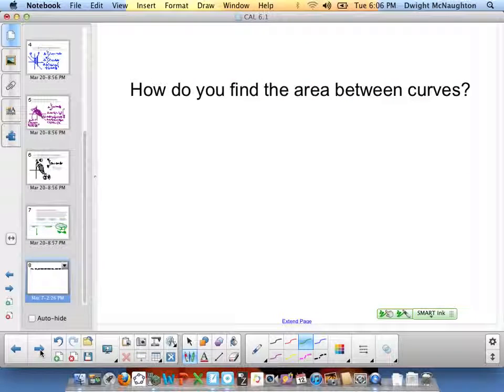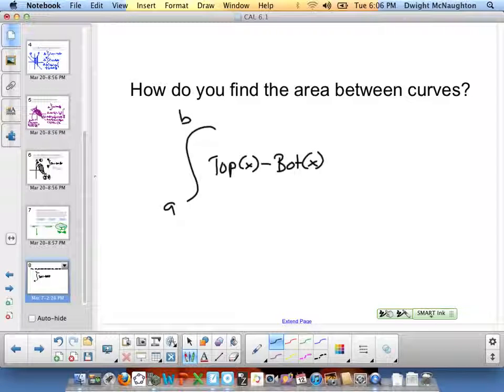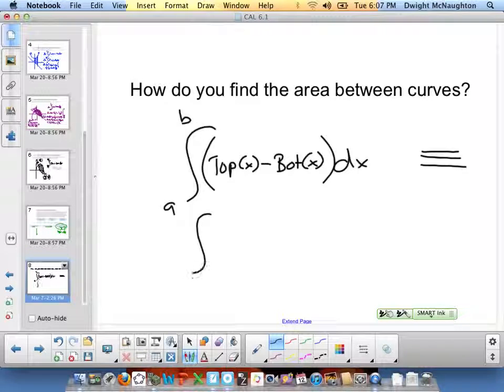So in conclusion, when we find the area of curves, how do we do it? Well, we're going to integrate. We're going to integrate from the left to the right of the top function with respect to x minus the bottom function, in terms of x, all with respect to x. Now, there are times when you can go sideways with respect to y.